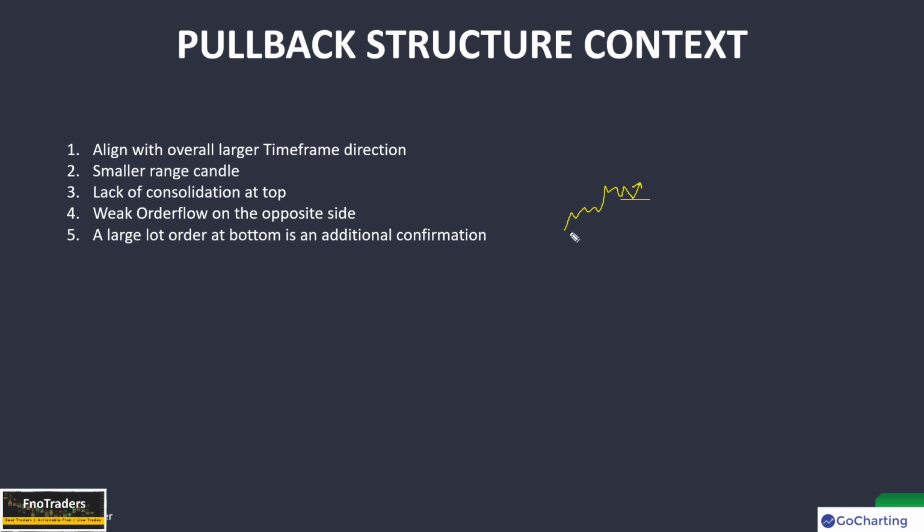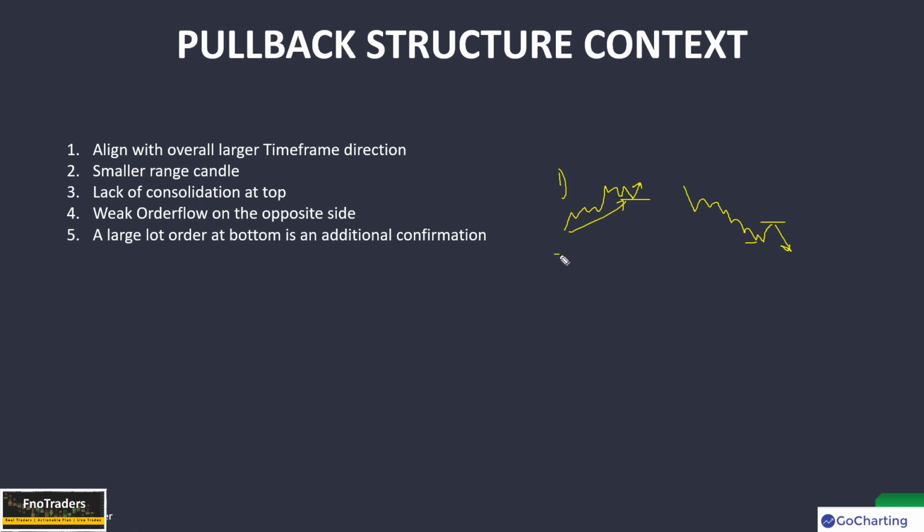So it is still in alignment with the overall direction and not a contrarian trade opportunity. If the overall trend is down, then I'm looking for a pullback to enter in that direction. I'm not looking to trade a reversal in this strategy. I'm just looking to trade a pullback within the overall context of the trend. That is your point number one.